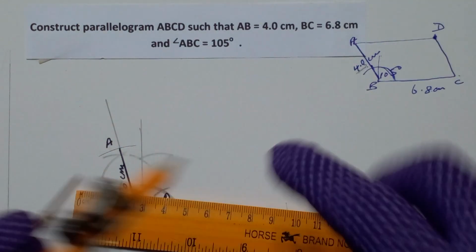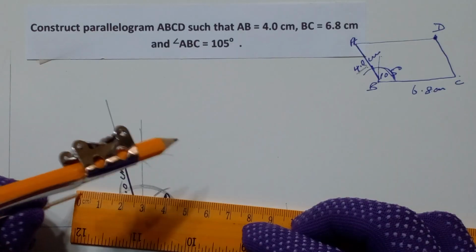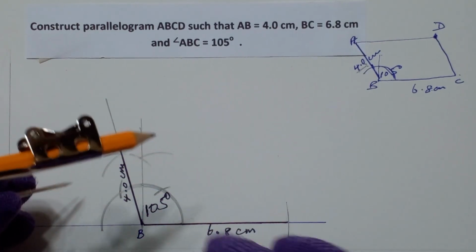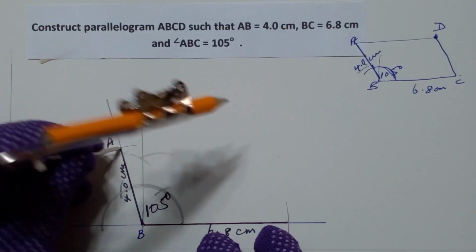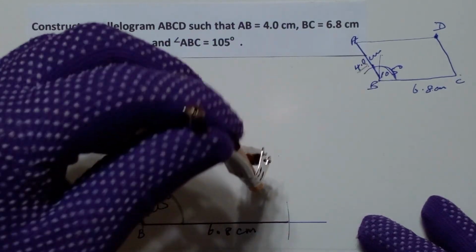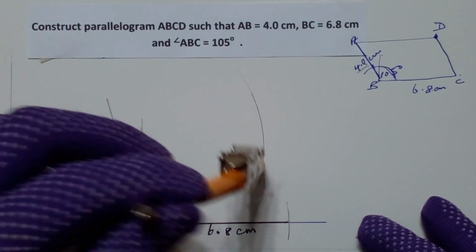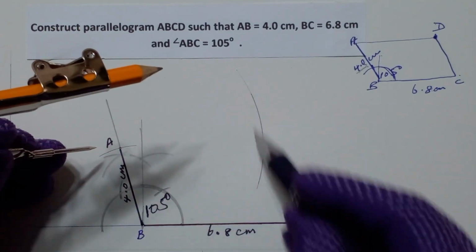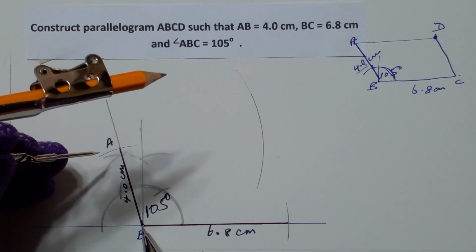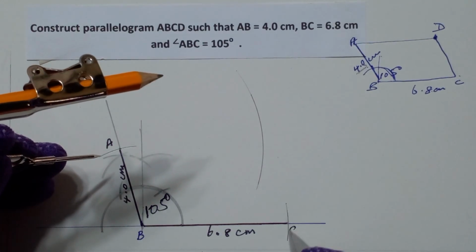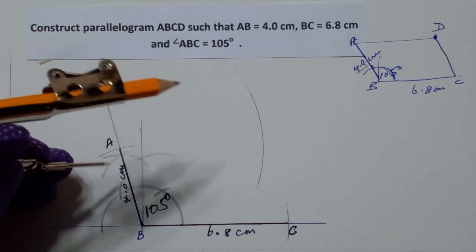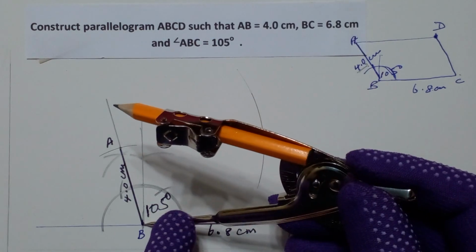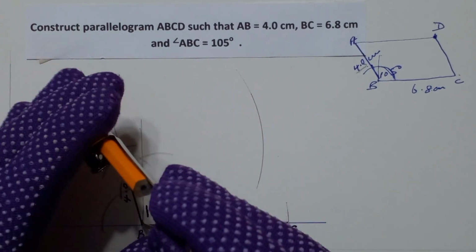We can measure it to make sure it is 6.8. Come up here where that A is and make a nice big arc like that. That means that from A to any point on that arc is the same as from B to over here, which is C, BC.